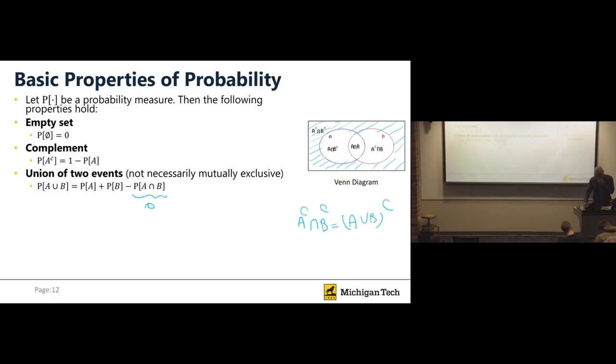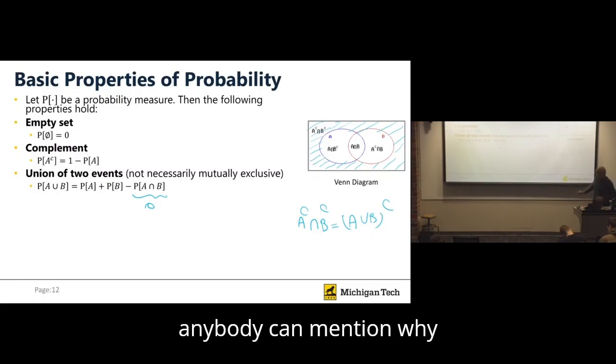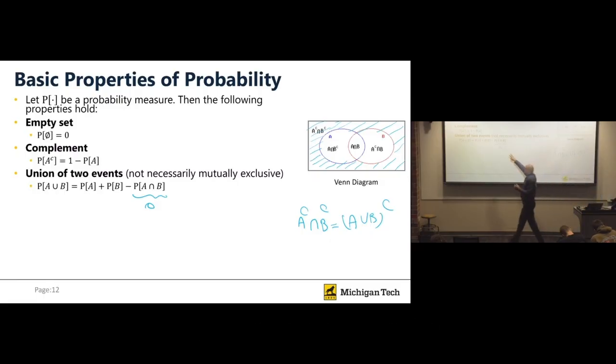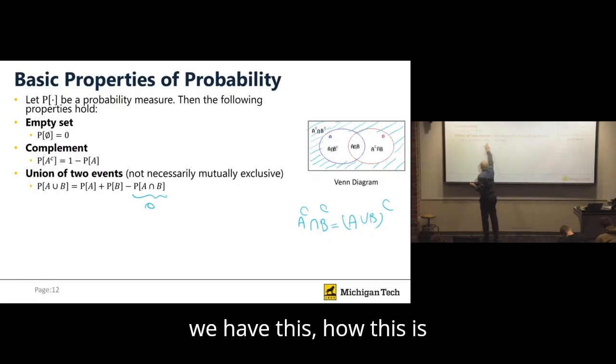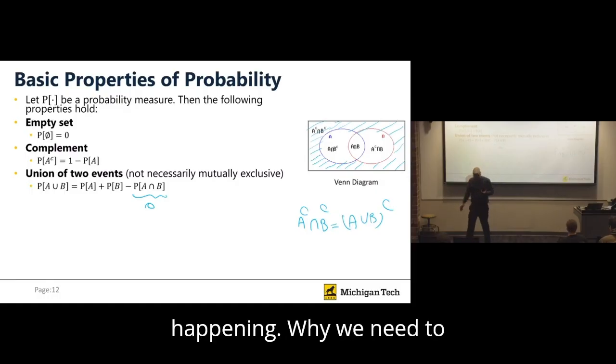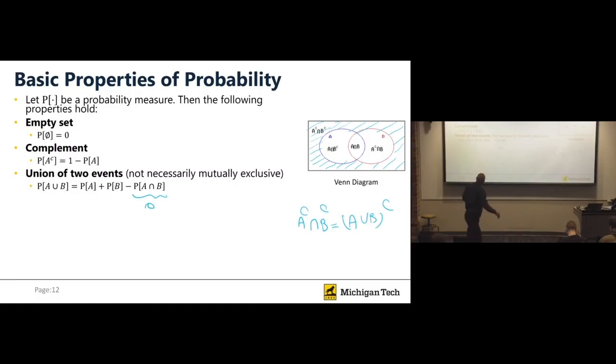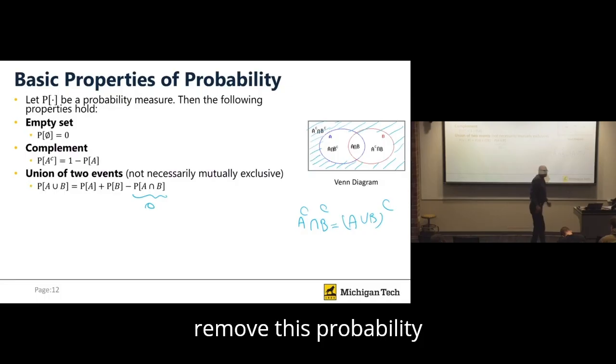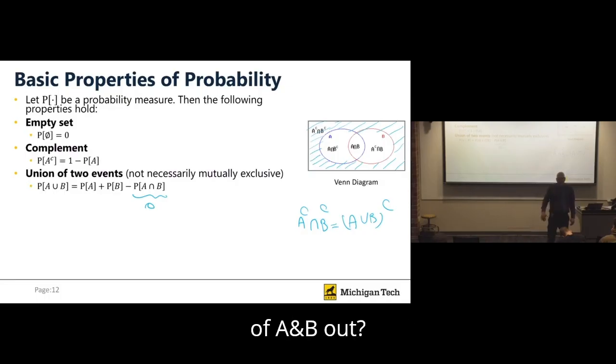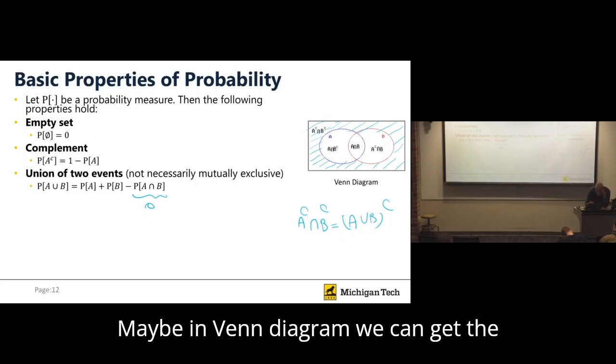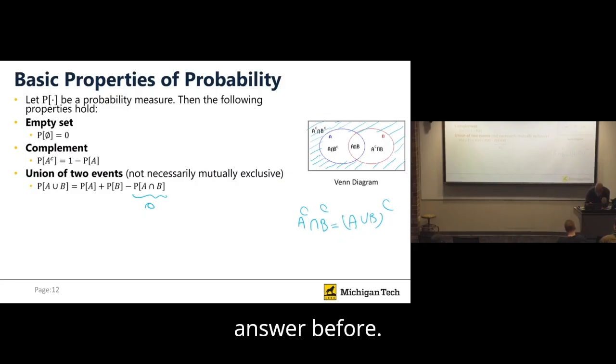But can anybody mention why we need to remove this probability of A and B? Let's check the Venn diagram. Maybe in the Venn diagram we can get the answer.